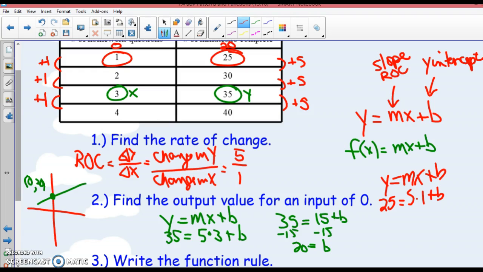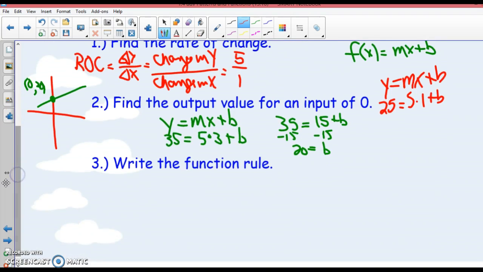So, write a function rule. Who thinks they can give us the function rule? What do we find b to be? Plus 20.